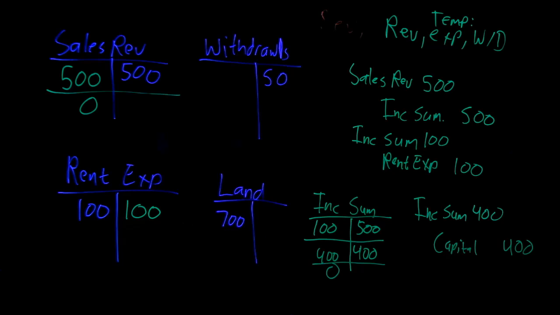So we've closed out our revenue accounts and our expense accounts. Now we have to do something about the withdrawals account. The withdrawals account is closed out directly to capital. Actually, with withdrawals, we would have a $50 debit balance.